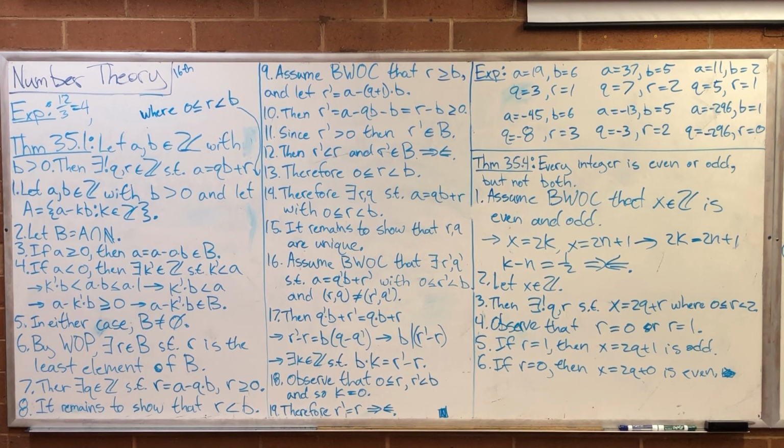And I know that q and r are the unique integers I can use to do this. Q and R are the unique integers I can use to write a equal to n times q plus r, where r satisfies this condition.